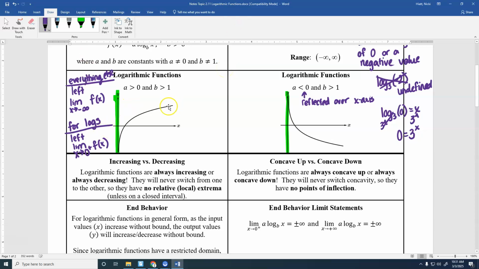Since this graph only exists on the right side of that line, as you go to the left side, you're approaching 0 from the right.